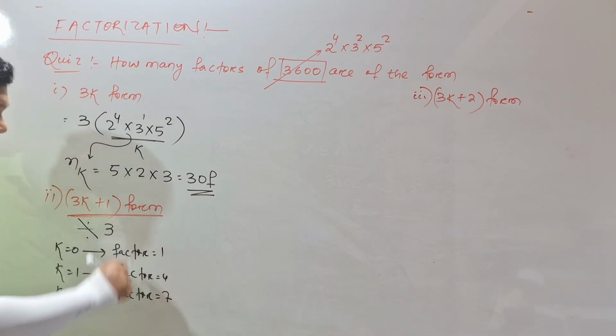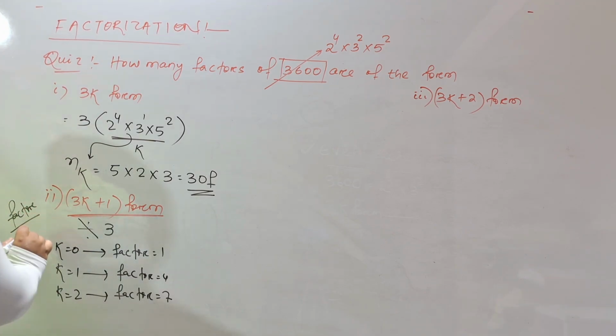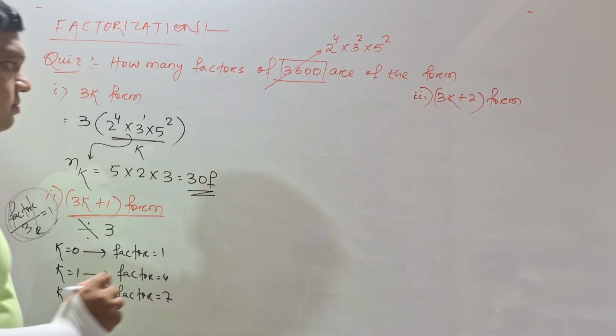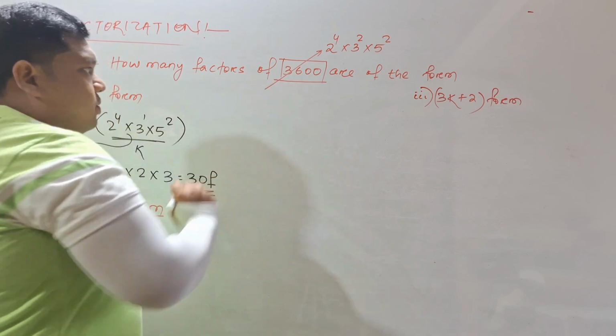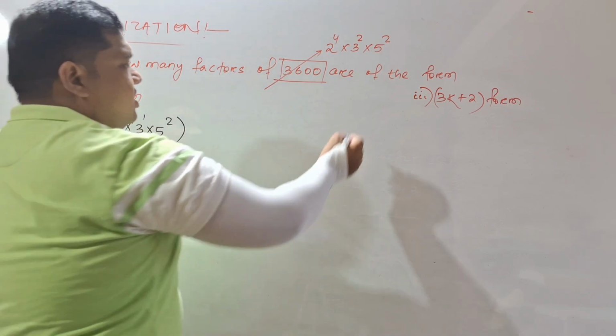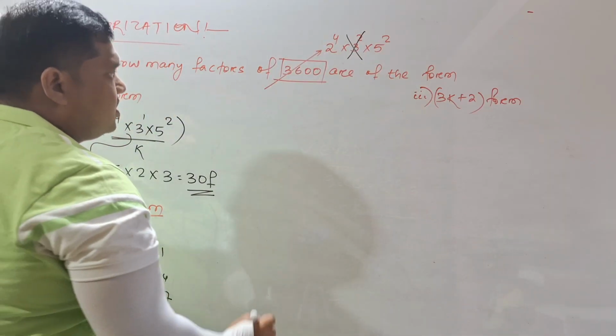So here is the key conclusion: when the factor is divided by 3, the remainder is 1. Now for 3600, first of all, it is not divisible by 3, so just remove 3 square.